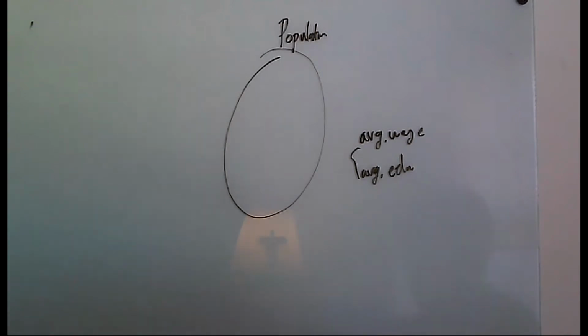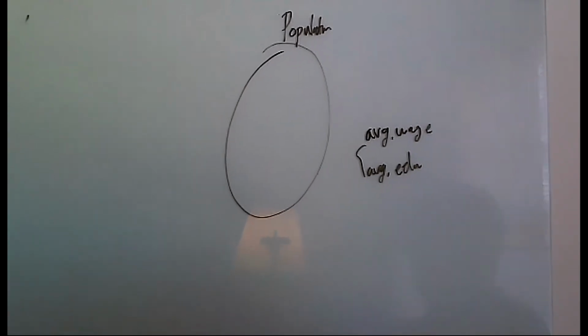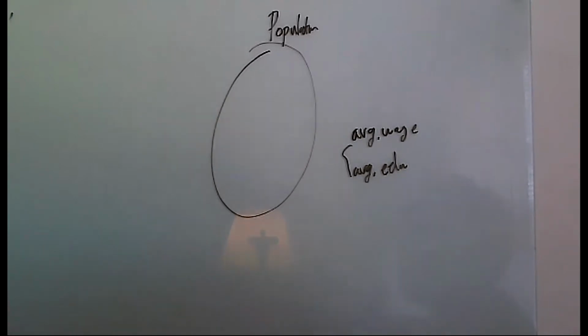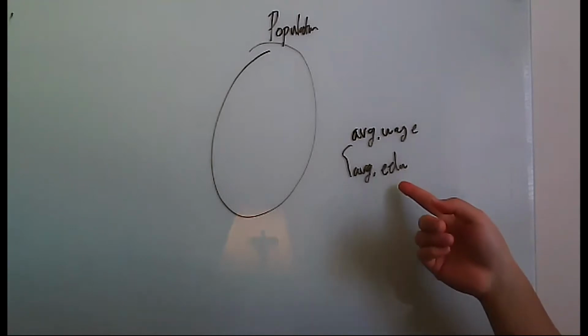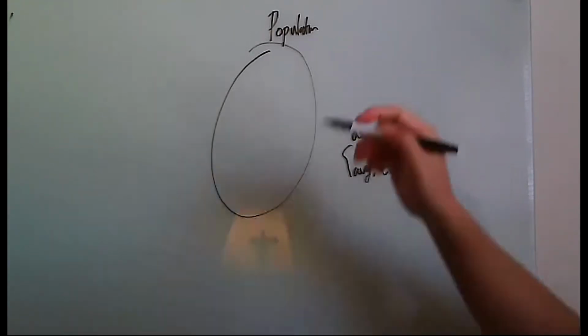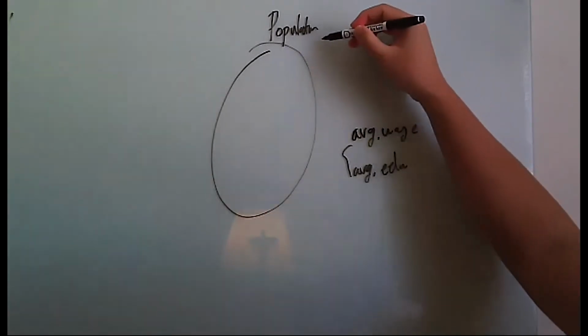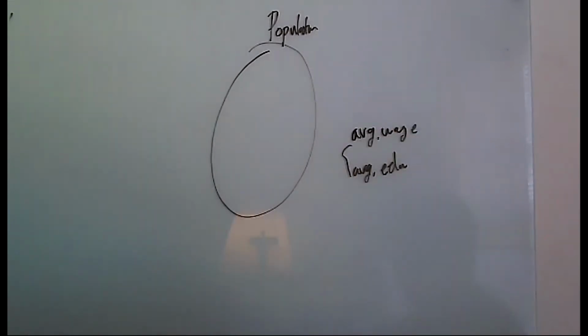But the tricky part is what we actually want to know is their actual wages and education. One way is we can ask all the people in the US. But the problem is there are too many people and it is very costly.